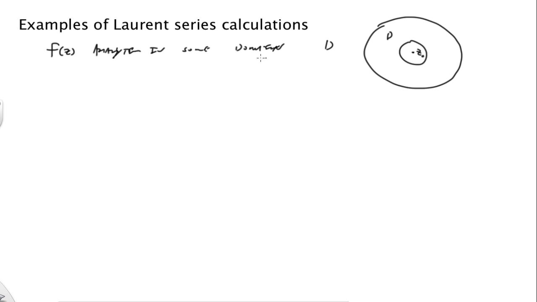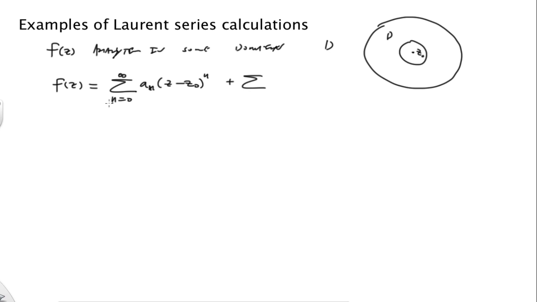And so the idea is that we can write our Laurent series as follows: f of z is equal to the sum of n equals 0 all the way to infinity of a n times z minus z naught to the n. Likewise, there's another branch to this series.